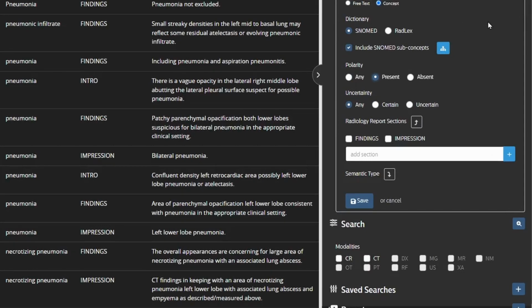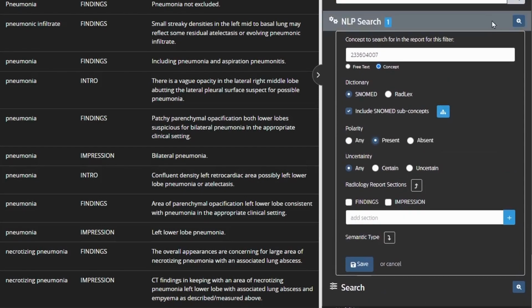Now I can create further searches and multi-level searches to find very, very specific clinical criteria that meet the search for a particular disease entity, either for research or for the identification of a cohort for AI analysis.